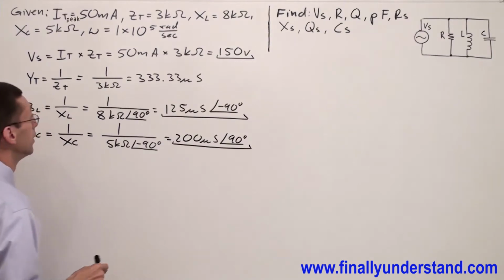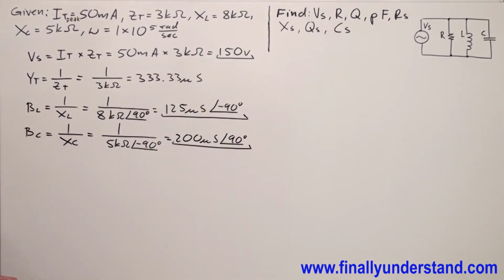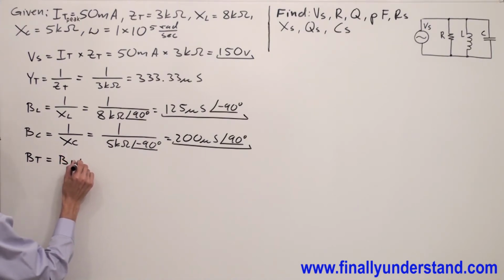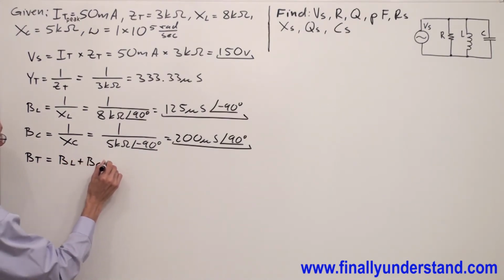Okay. Next, I'm going to find the total susceptance. B total is equal to BL plus BC.